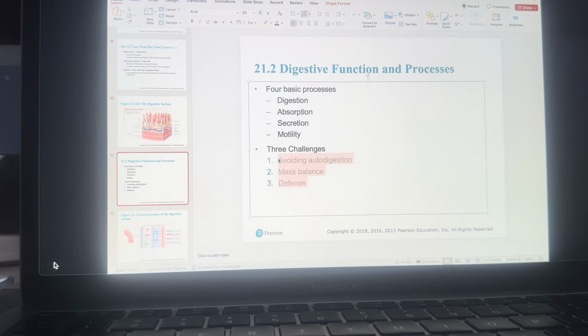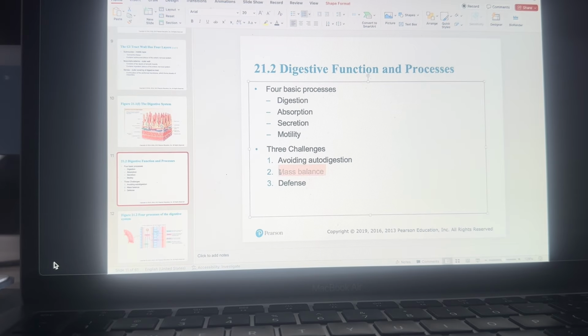Sometimes when we're eating, we don't realize we sometimes bite ourselves. And even within your stomach, if you have ulcers, they can break the lining of your stomach where you will start digesting your own stomach. So we have to avoid autodigestion. We have to maintain balance.